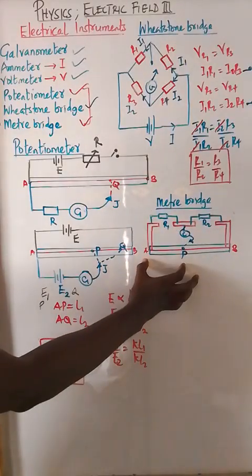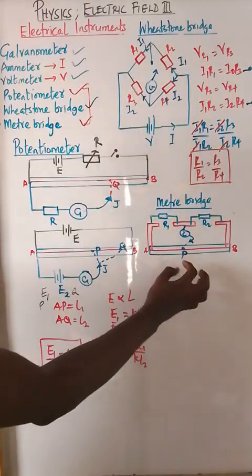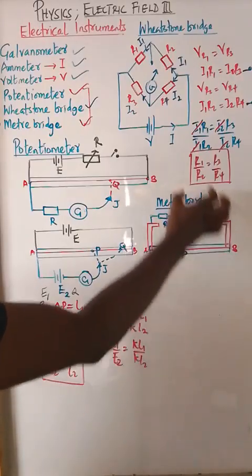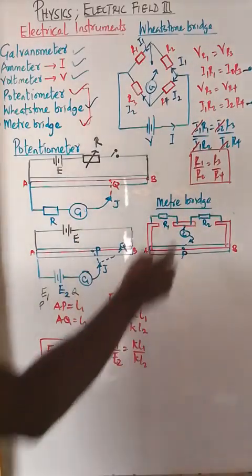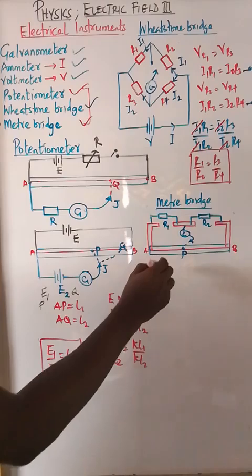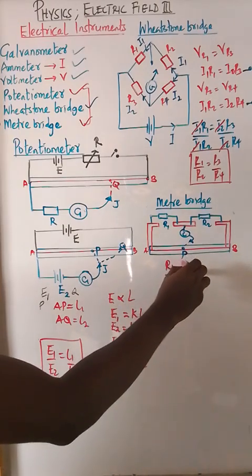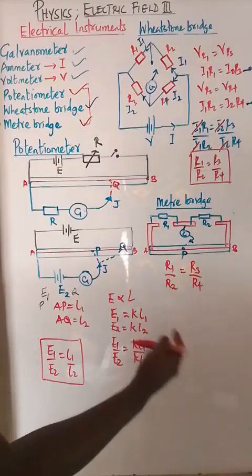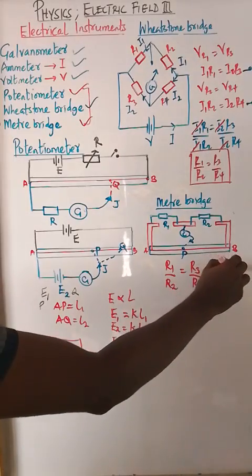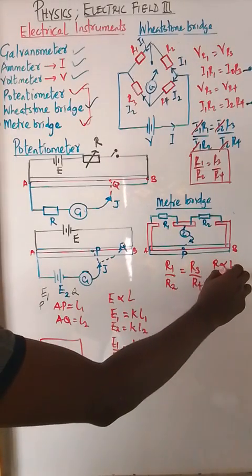AP, what is now resistance? That's our R3. PB, what also has resistance? That's our R4. So we are going to apply the same formula: R1 over R2 equals R3 over R4. We know that the resistance varies with length, and R equals KL.